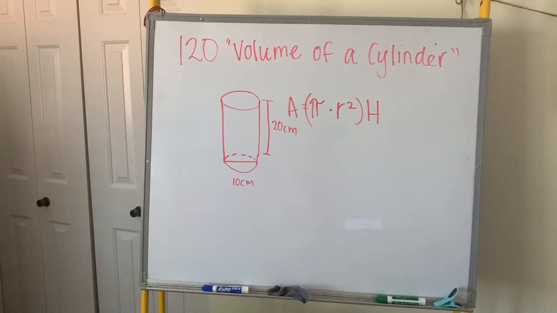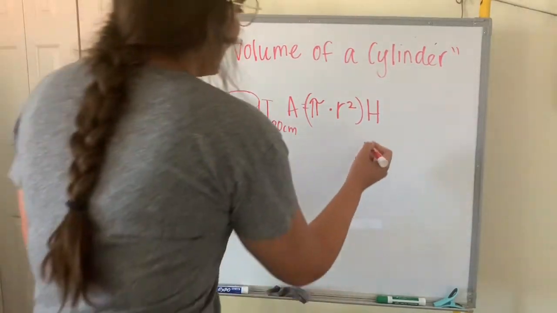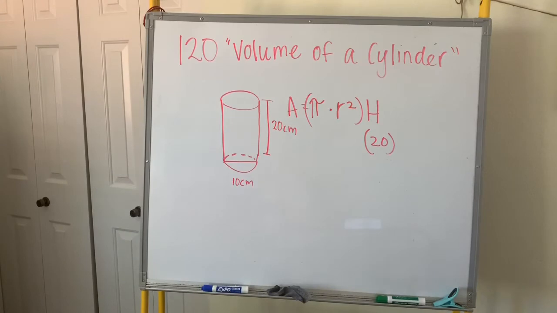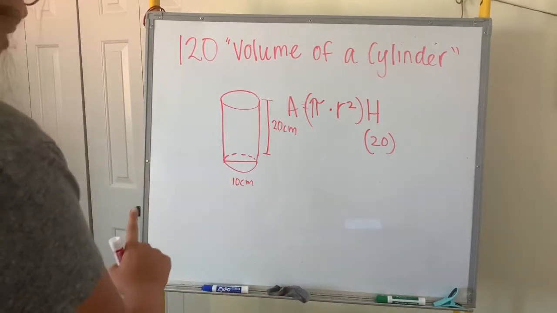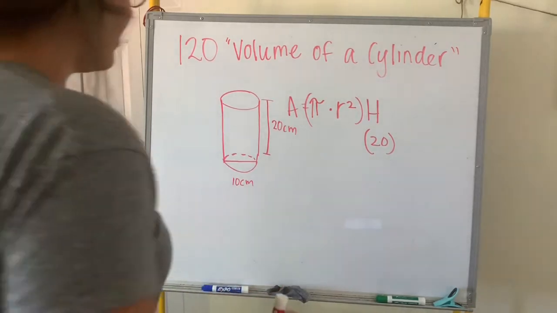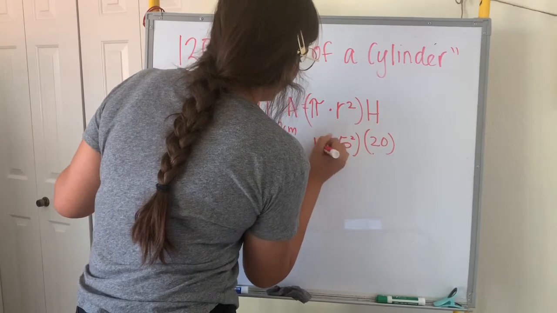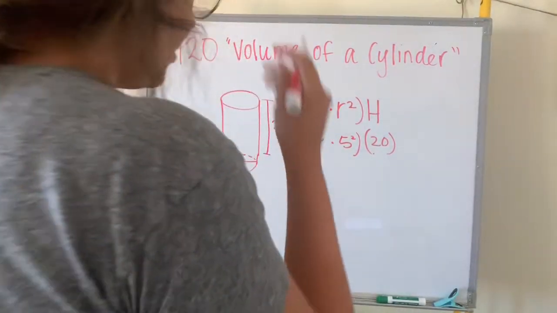So I'm going to start plugging in what I know. I know that the height is 20 centimeters, and I know that the diameter is 10. So if the diameter is 10, what is the radius? Good. If you said the radius is half of the diameter, you're correct. So half of 10 would be 5 squared times pi.